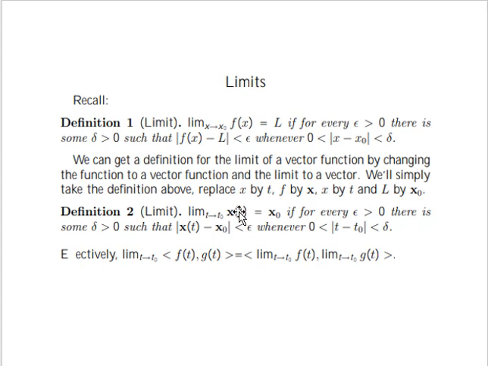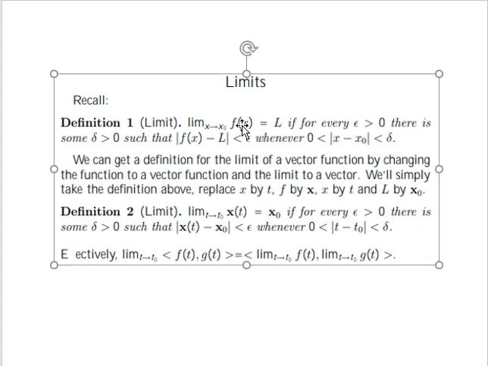This f(x) is a real function, but this x(t) is a vector function. I already defined what a vector function is and how it can be represented in the previous slide. The similar function can be used here.